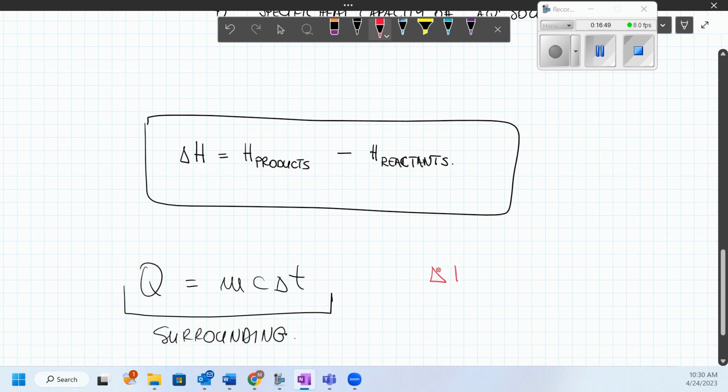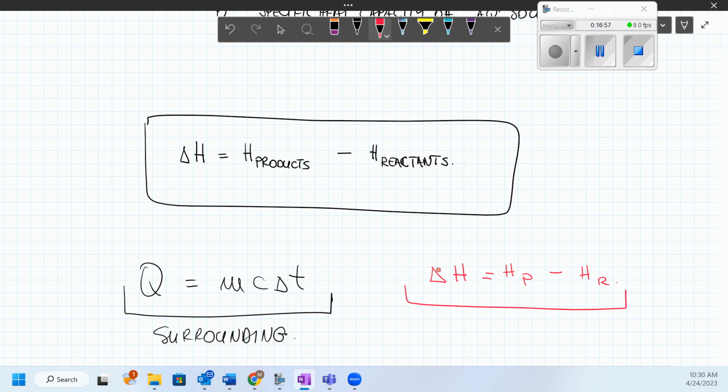That is the change of enthalpy, which is the enthalpy of the product minus the enthalpy of the reactant. This is the system, known as the chemical reaction that is happening.